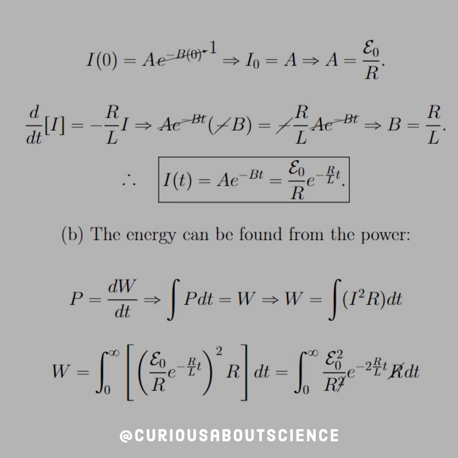Now if we plug the form of this equation into the differential equation itself, we can solve for the other constant. So let's take the derivative of A e to the negative bt, and we get A e to the negative bt times negative b, and that's also equal to negative R over L times I. So we'll also plug in A e to the negative bt for that I on the right hand side.